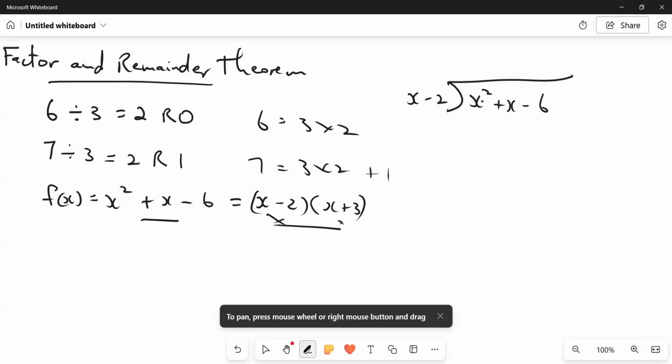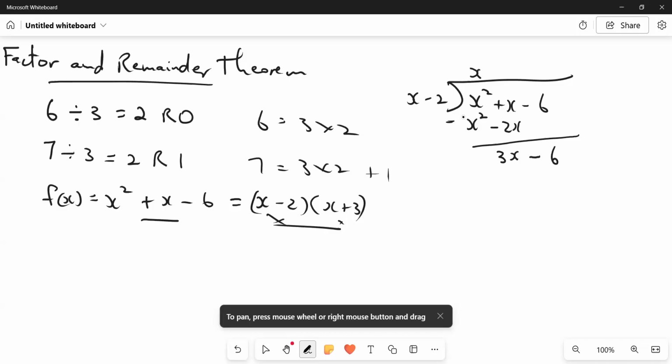You divide x squared by x, you get x. Next you multiply: x by x gives x squared, and minus 2 by x gives minus 2x. Then you subtract, so the x squareds go. x minus minus 2x, you get 3x. You bring down the minus 6.